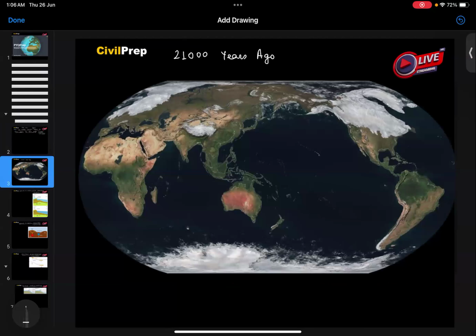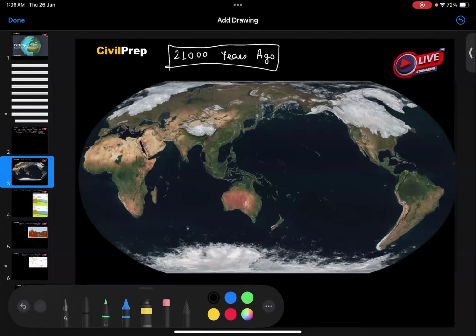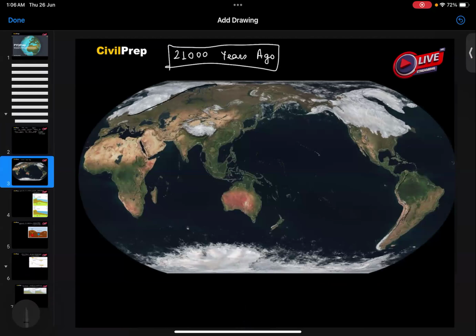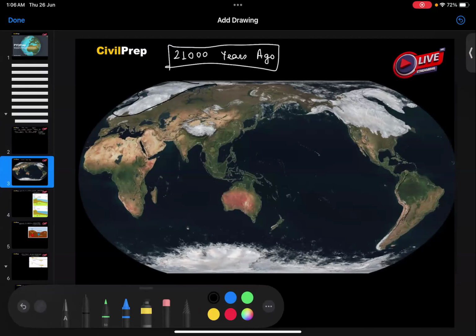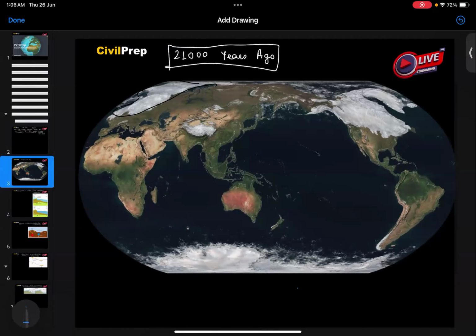Here we can see a map of the world. This map is of almost around 20,000 years ago from now. Here we can see certain regions like Europe and Siberia. This is the region of North America.